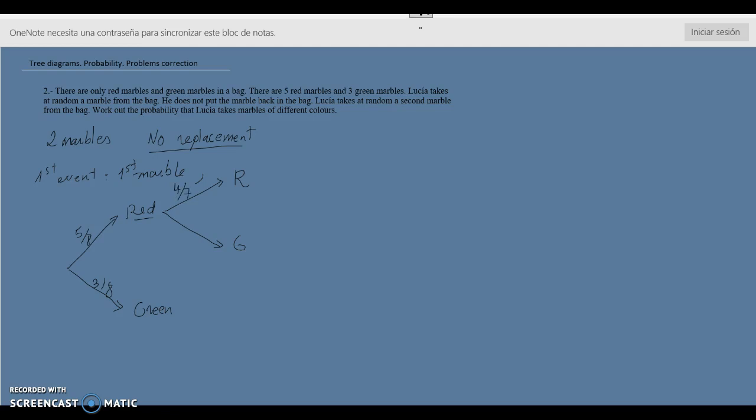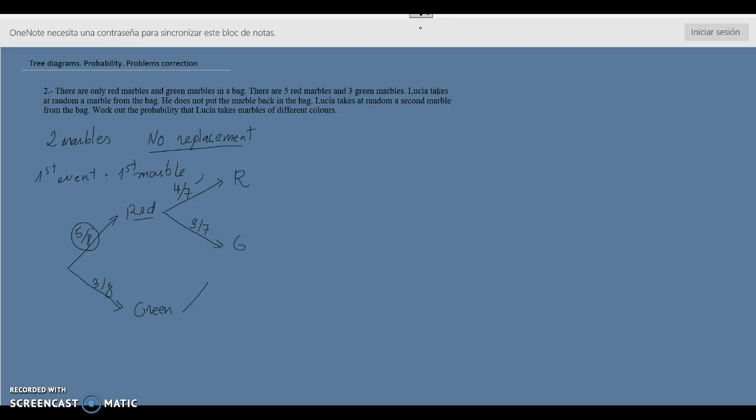Okay, because at first we have taken one red marble. We are supposing that we take one red marble and we don't put the marble again into the bag. So 4 over 7. For the green marble, if we've taken one red, we have now 3 over 7. Okay, 7 because there is a marble less.